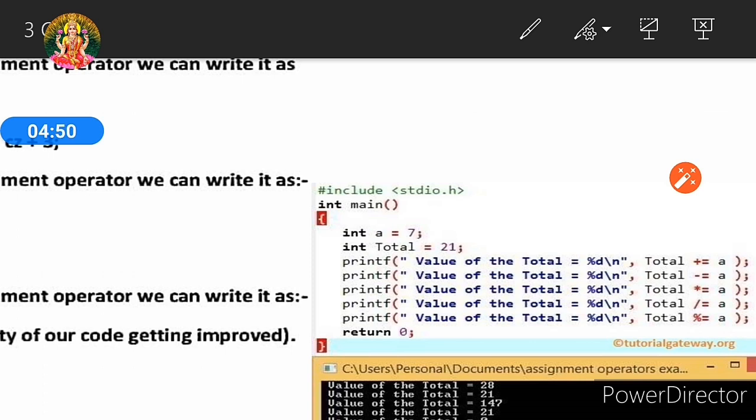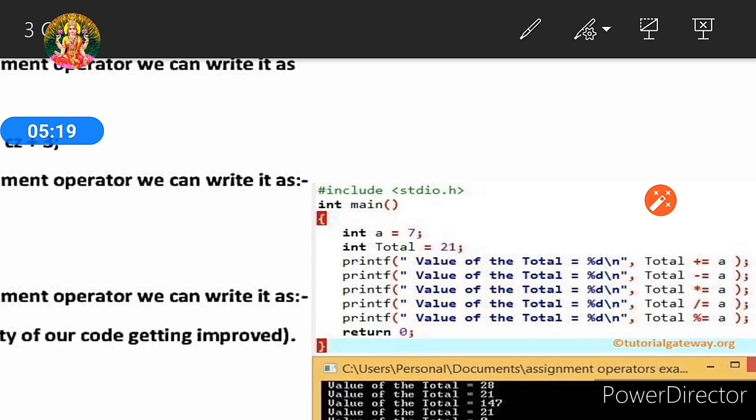You can also see in this example that we have taken a equals 7. Now assigning the value of total as 21, printing that total will be a plus equal to a. So what will be the value? It is done using the shorthand assignment operator. I think you immediately got the answer: total will be equal to total plus a.